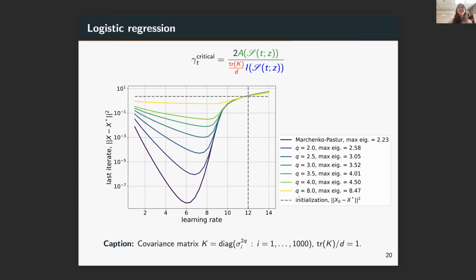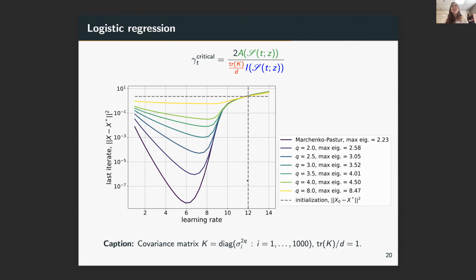You can actually see this effect. Here I'm running logistic regression. I'm varying the learning rate, and I'm plotting the last iterate, what happens after running 50 iterations for various learning rates. I'm going to vary my covariance matrix so that I fix the average eigenvalue, but I allow the largest eigenvalue to vary.